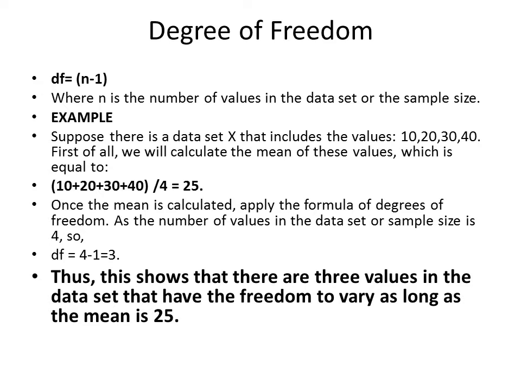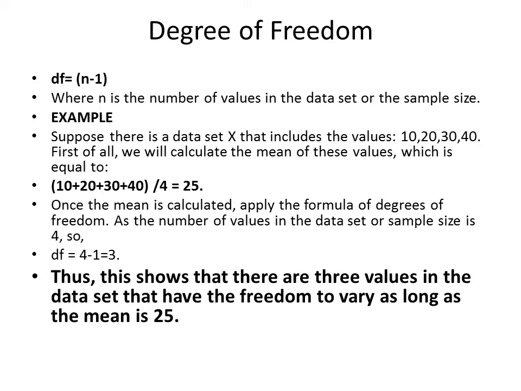Suppose the data set has 7 values, so the degree of freedom will be 7 minus 1, and suppose the mean is 100.